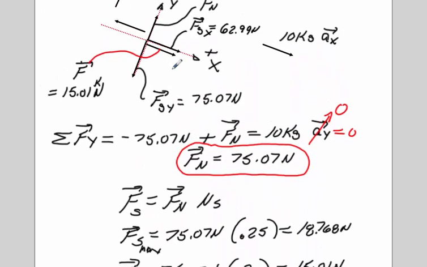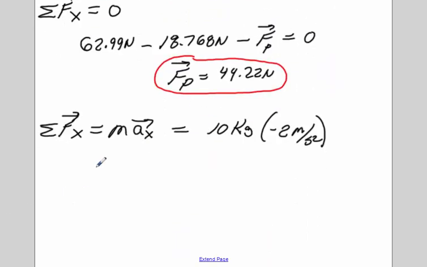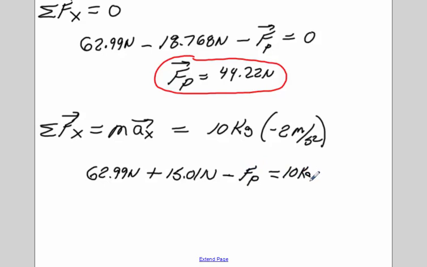I got two forces coming down, 62.99 and 15.01. So I got 62.99 newtons plus 15.01 newtons, minus the pushing force because it's going up and we made that negative. That is equal to 10 kilograms times minus 2 meters per second squared.